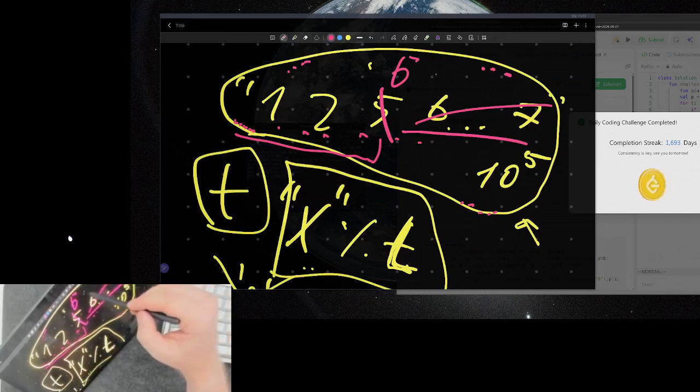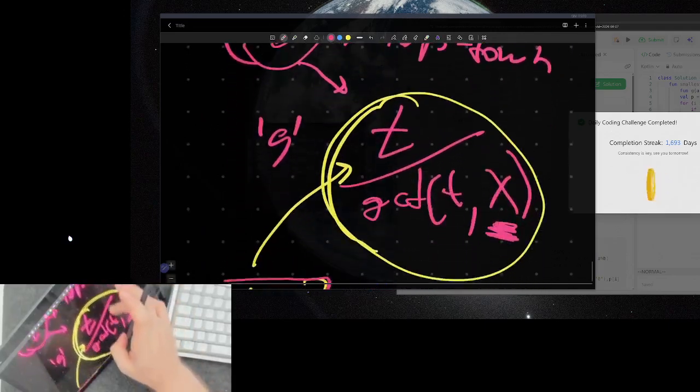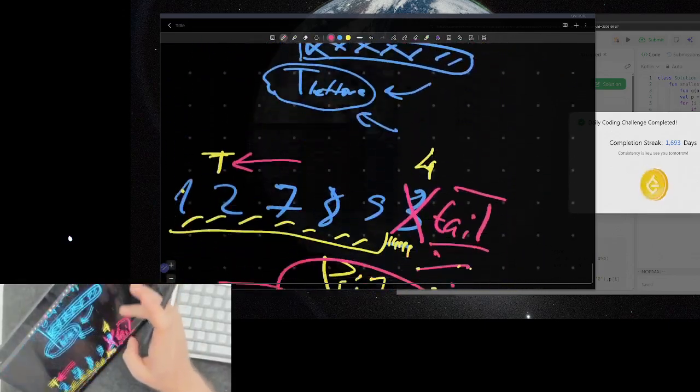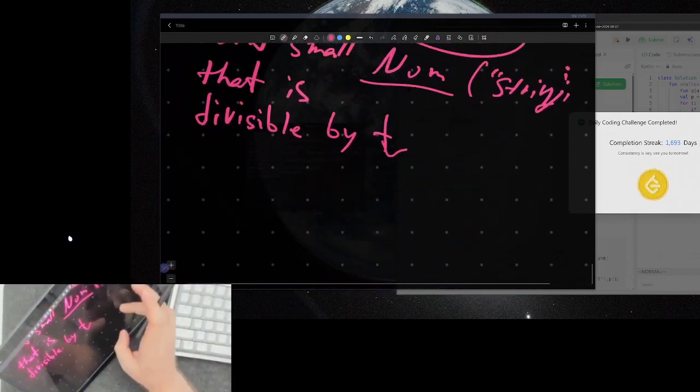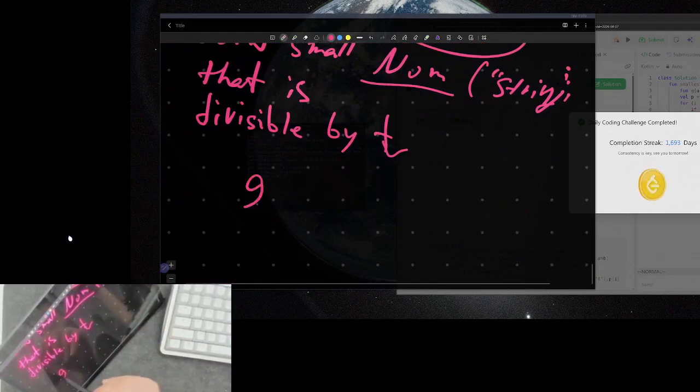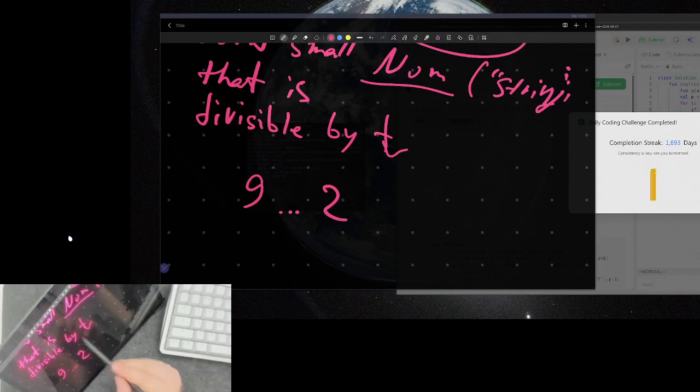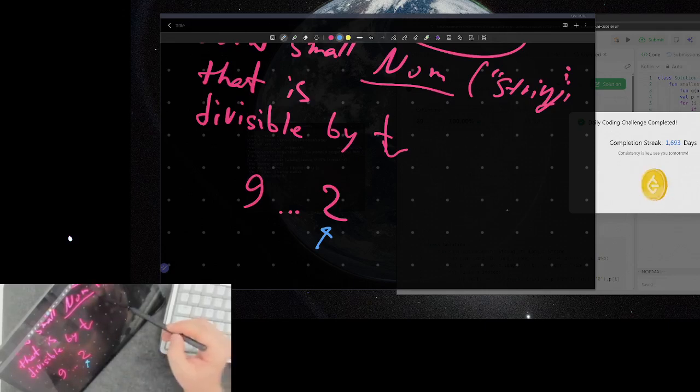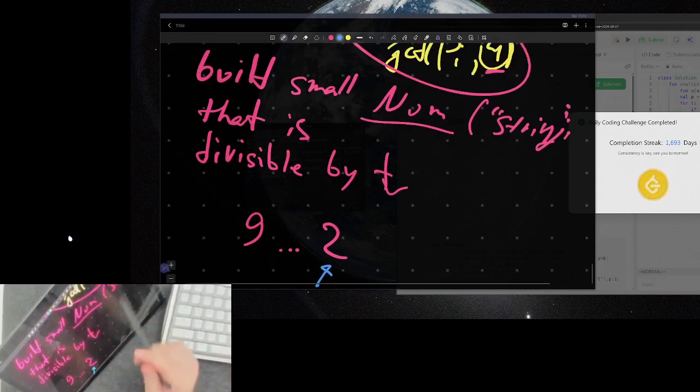Okay, and to build this number, we're going from 9 up to 2. By the way, keep in mind this is 2, not 1, because the 1 is tricky. And we're trying to place: is this t divisible by 9?